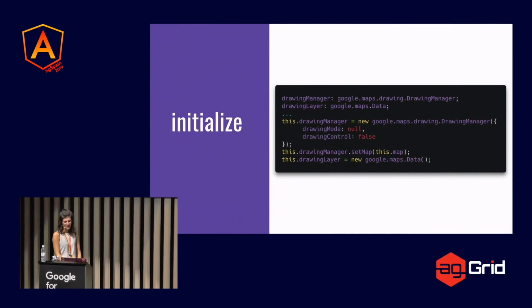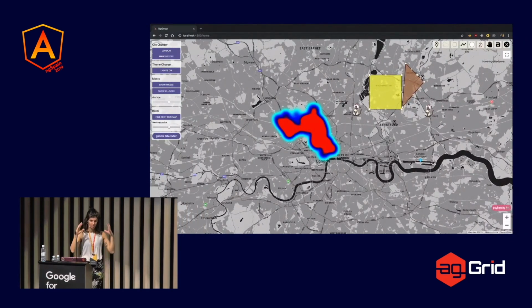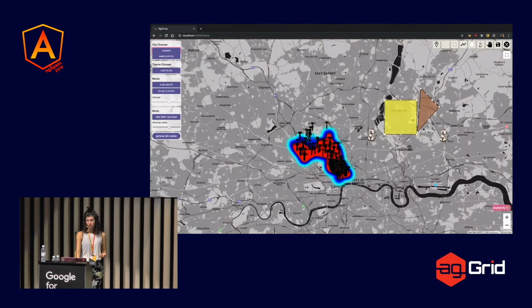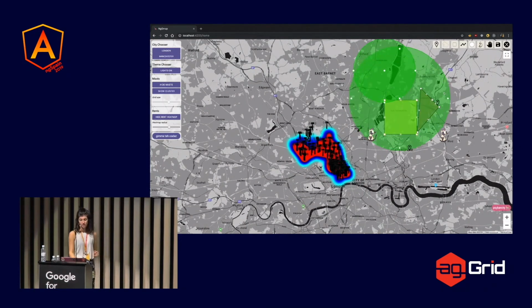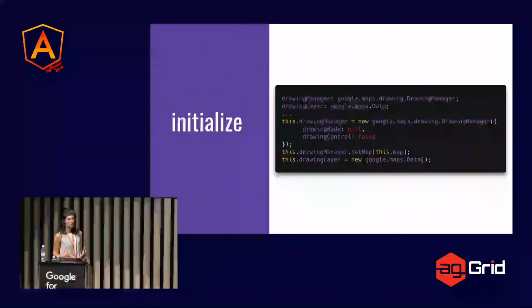You just set the drawing manager on the map, and you initiate a drawing layer. Google Maps has layers. Whenever you add an overlay to the map, and an overlay means this here, or the masts if I show them, or the GeoJSON that we created here, or all these nice drawings that I'm drawing, all these overlays are added to the default data layer of the map.